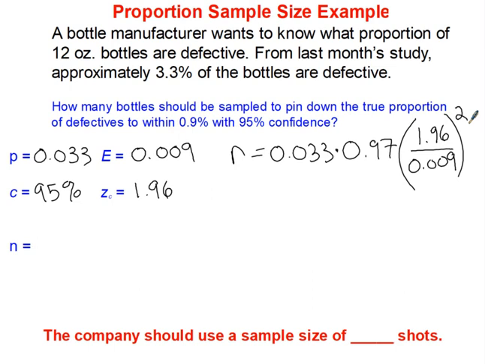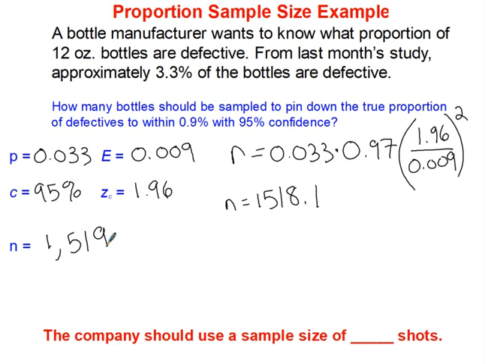Square that answer, and then I'm going to multiply by 0.967, and then the other 0.033. And I get n is equal to, here we go, rounding it up, 1,519 bottles.